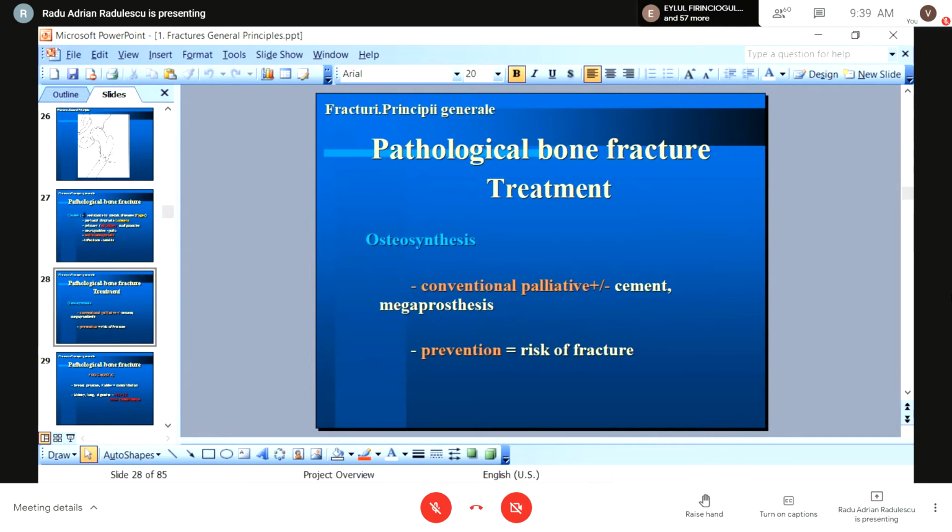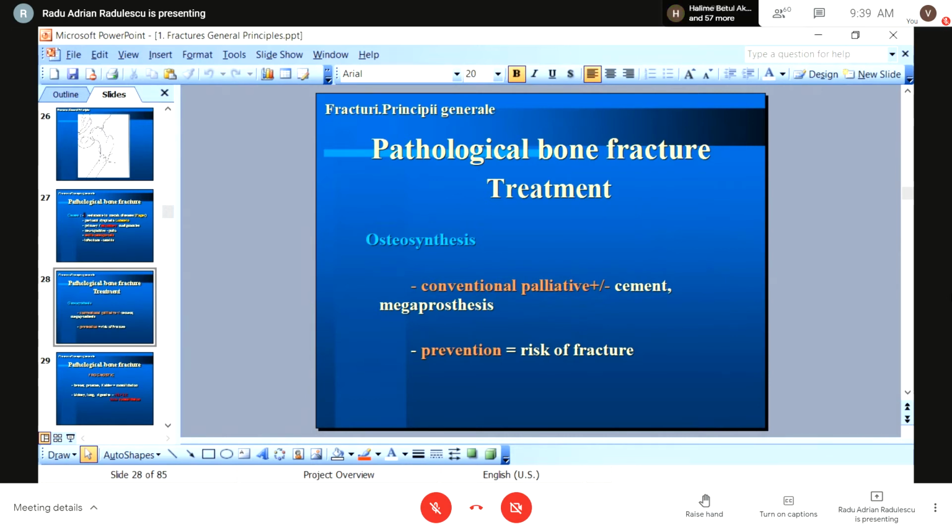The treatment of these pathological fractures may be sometimes very difficult, depending on the reason for which the bone got the fracture. And I will refer mainly to the pathological fractures due to tumors.